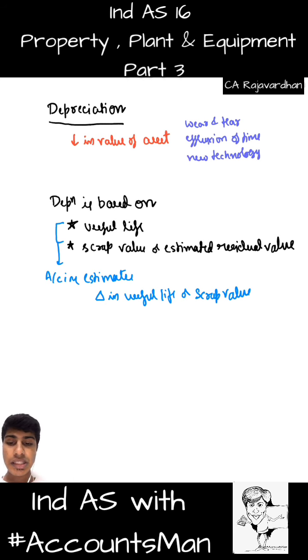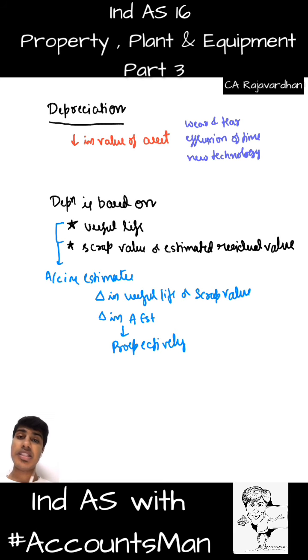So whenever there is change in them, it would be change in accounting estimate, and it should be accounted for prospectively, meaning you need not go back to past and change it, you should change from the year in which this change is happening.